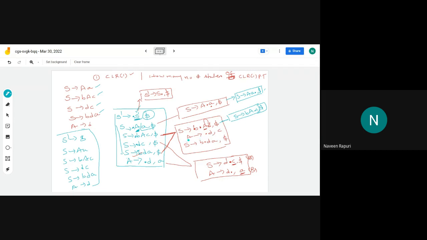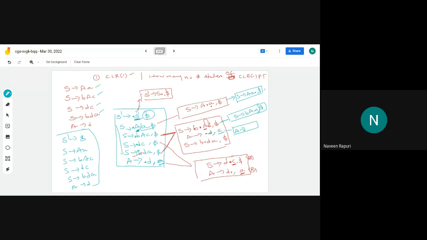And suppose if we see here, A derives dot D, comma C. Sir, if you see here, A derives dot D, comma A. Here the look ahead symbol is different. Suppose if it is also A, we can directly move to this state. But here we need to move to another state.